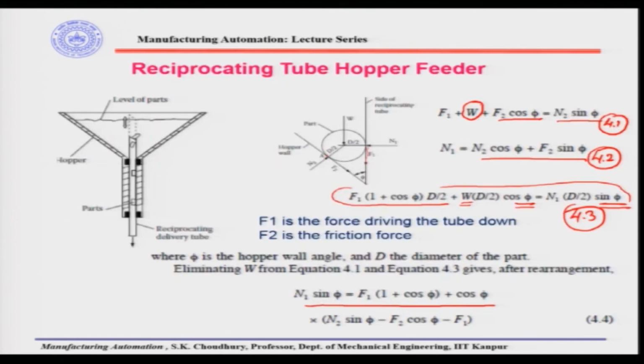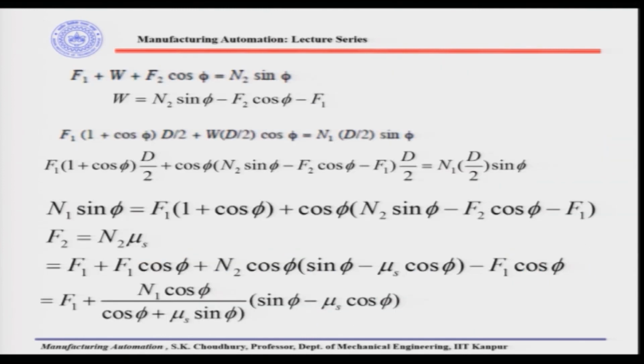Earlier what we said is a little different: the W value we will take from the equation 4.1 and put in the equation 4.3. So, 4.3 is this equation and this is 4.1. We will take the value of W from here and put the value in this equation. So, it will be like this, because W is N2 sin phi minus F2 cos phi minus F1.